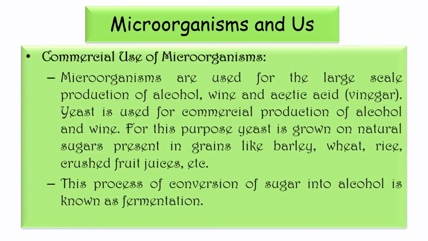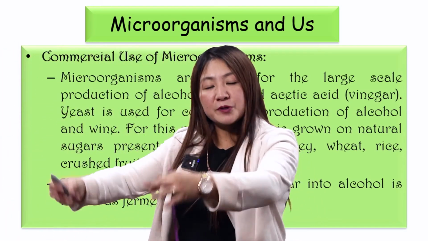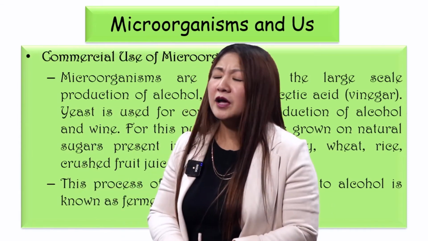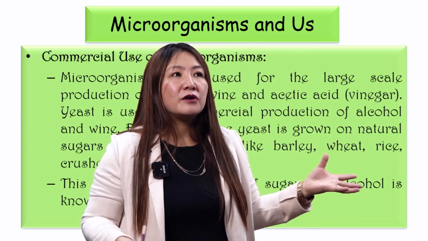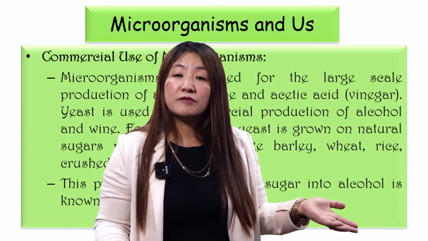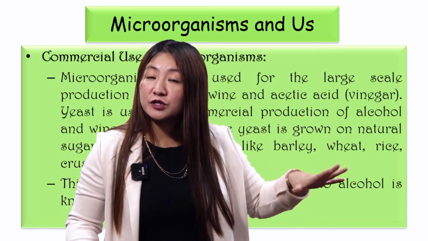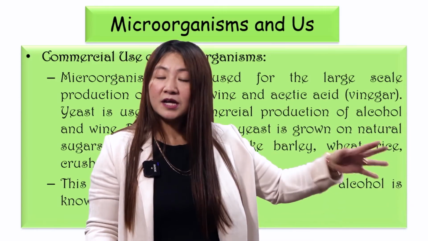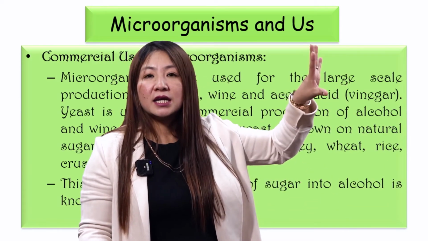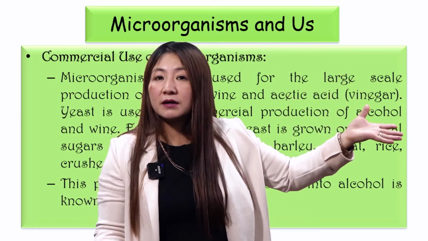Yes. Then we have commercial use for microorganisms. Commercial use, that means for economic production. Okay, how can microorganisms be used to increase the economy? For commercial use, they're used on a large scale for the production of wine, alcohol, rum, whiskey, scotch, whatever, and wine, beer.